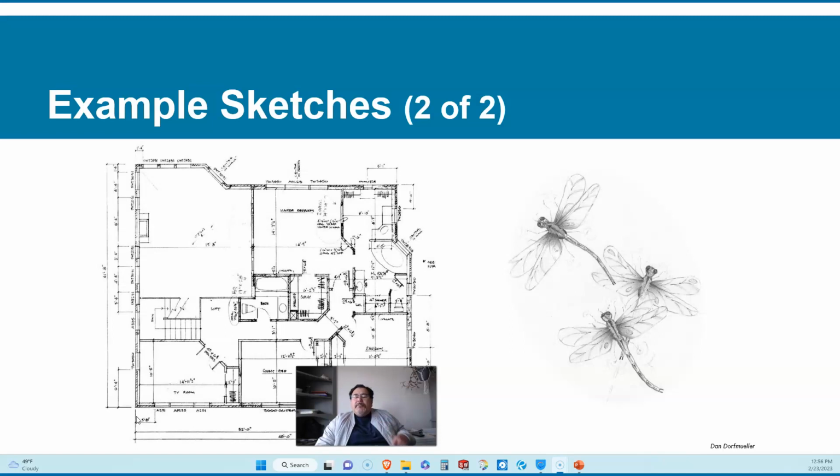Traditionally, blueprint drawing was done with a pencil on paper with a ruler and or a T-square and some other drafting tools. But this sketch work is done by hand using pencil, although it looks very technical and very clean.